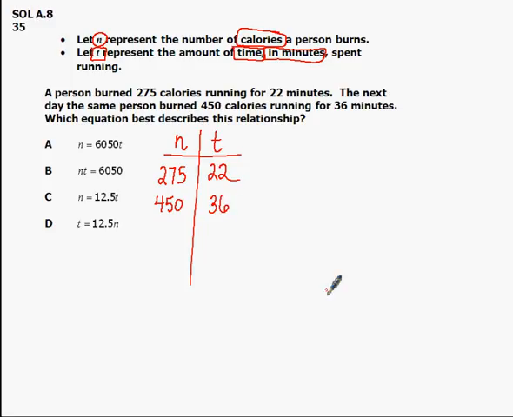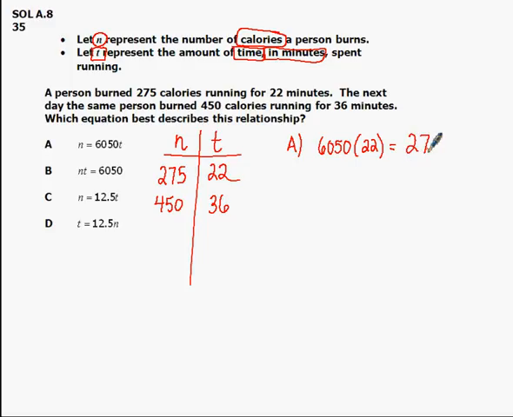It says which equation best describes this relationship? So I'm going to go through each choice and see which one is going to be my best match. So if I take A, it says that if I take 6,050 and I multiply by 22, I should get my N value of 275.